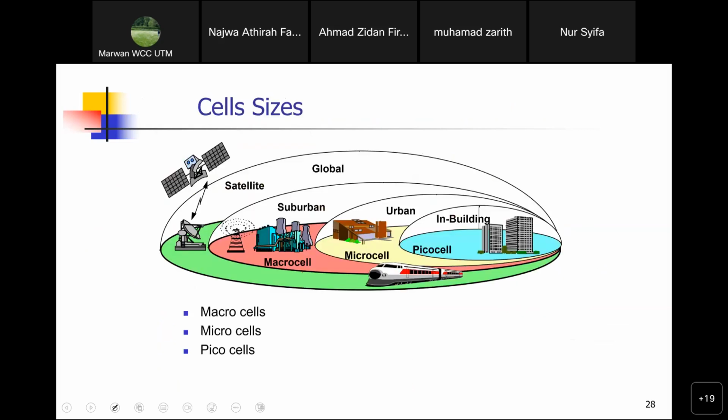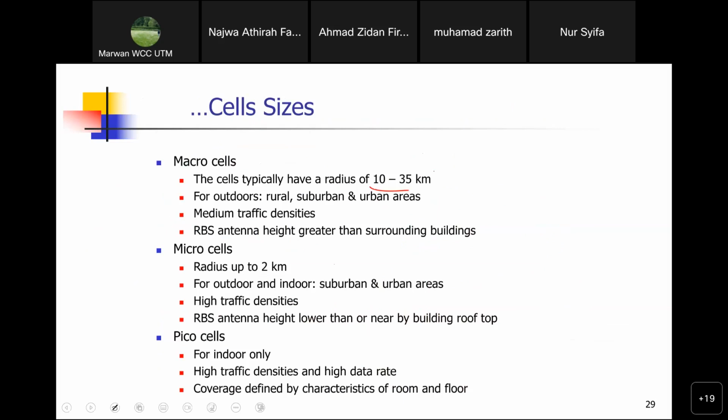The types of cell: you have a smaller one inside a building, we call picocell, until macrocell mainly on the highway. They have their distances, depending on size.